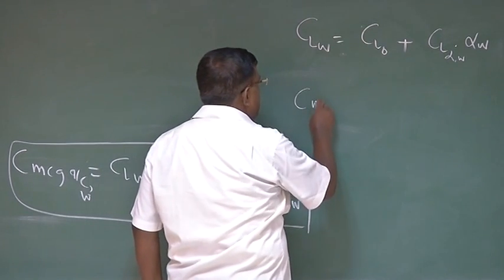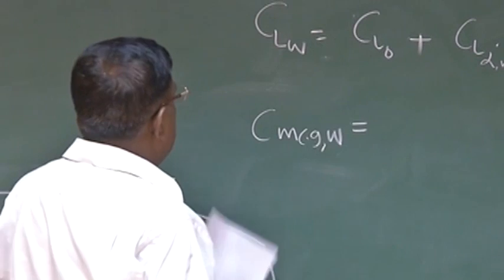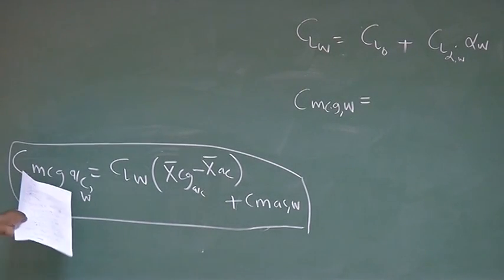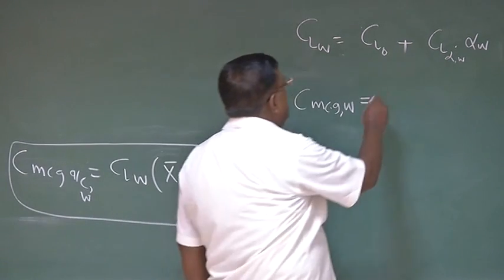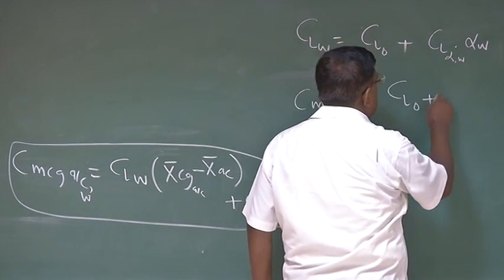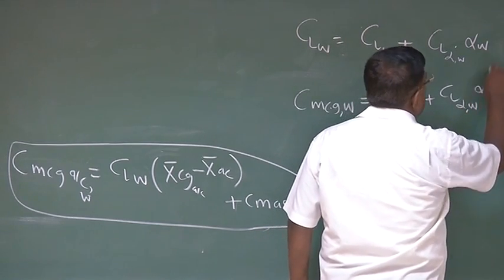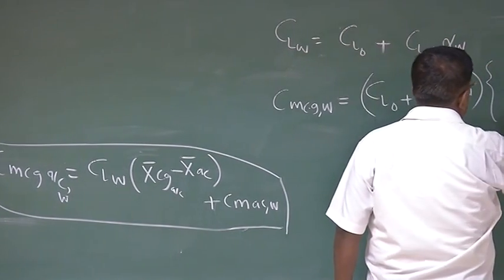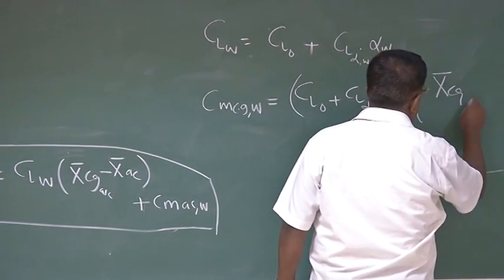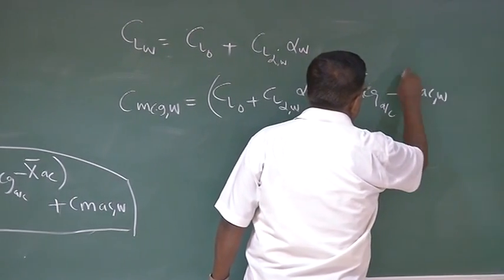I get CM about CG because of wing, of course, CMCG, when I say aircraft it is redundant, it will be equal to CL naught plus CL alpha of the wing into alpha of the wing, into XCG bar of the aircraft minus XAC of the wing.